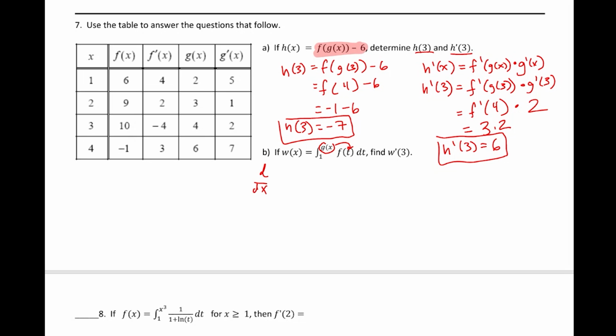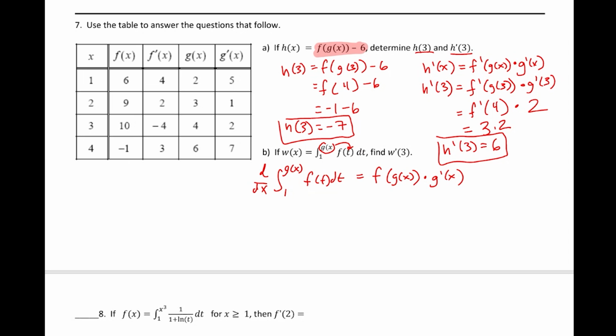The derivative of the integral from 1 to g of x of f of t dt is equal to f of g of x times the derivative of g of x. Look at that. Now, this is something that we already found. I think, oh, no, maybe we didn't.